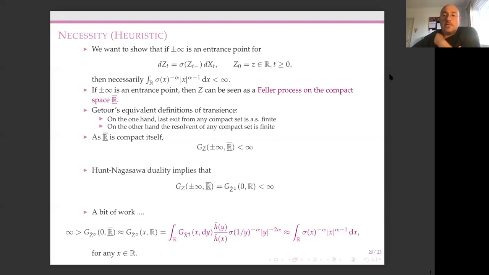And again, if you're willing to trust me, with a little bit of fiddling around, I actually need this X to be 0. I haven't set it to be 0 because you're going to have a problem down here already. But with a little bit of trust, this thing can be sorted out to necessarily force this integral to be finite.